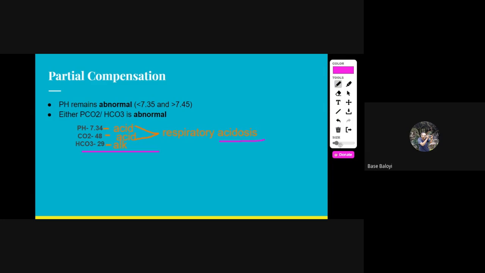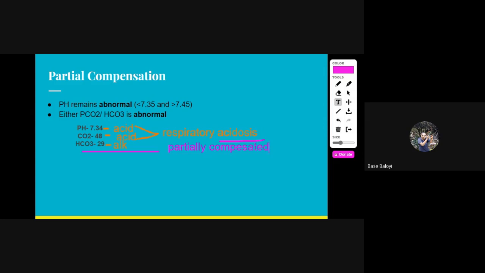Because it's trying to do the opposite, and because it's not normal, we are going to say that this is respiratory acidosis, partially compensated, because you can see that this bicarb is trying to pull away, trying to do the opposite of this acidosis.